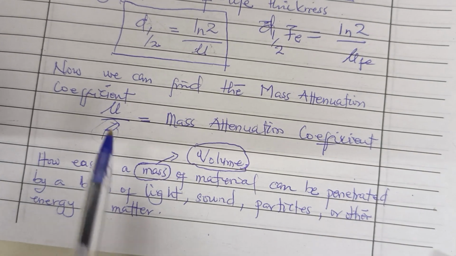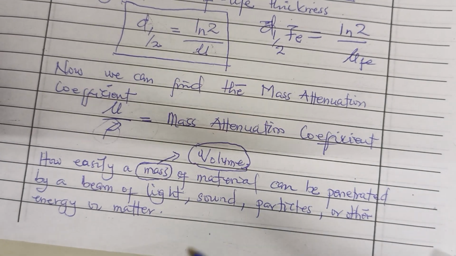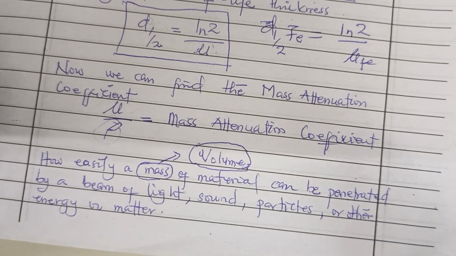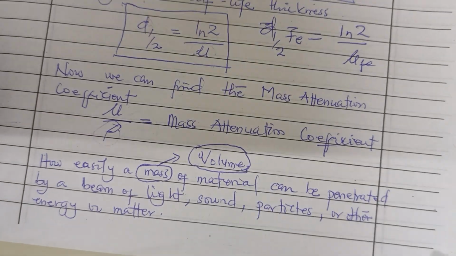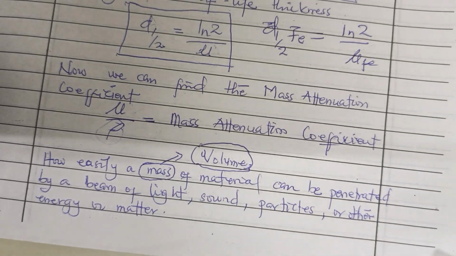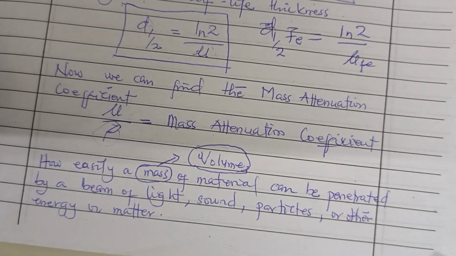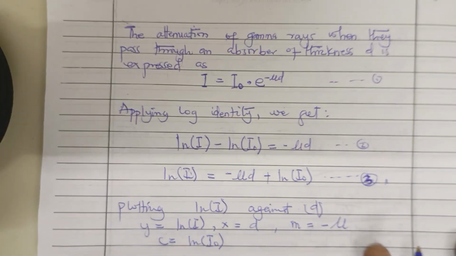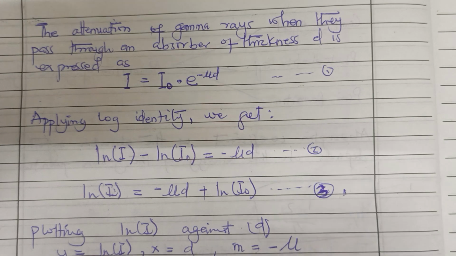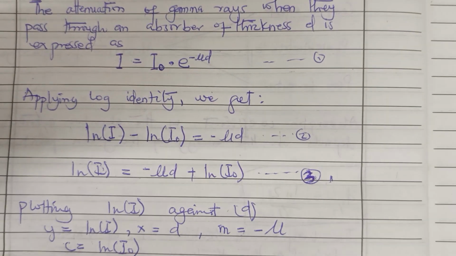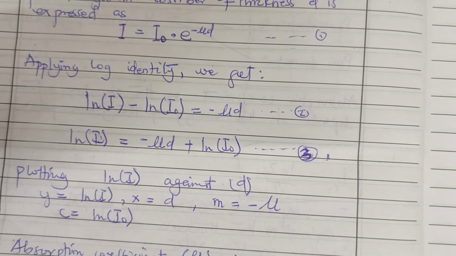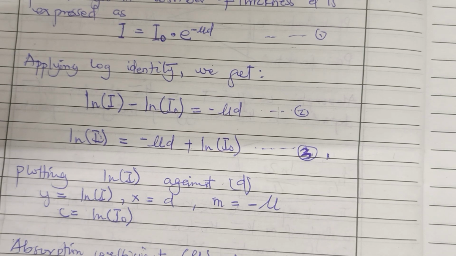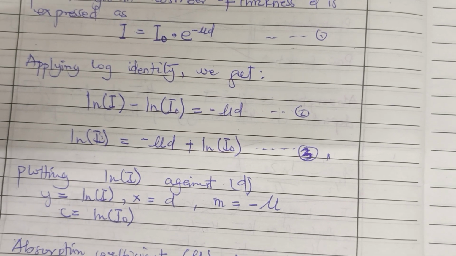So we are finding how easily these absorbers can be penetrated by the cobalt radiation. So that's how we find our absorption coefficient, mass attenuation coefficient, and half-life thickness value of the materials.